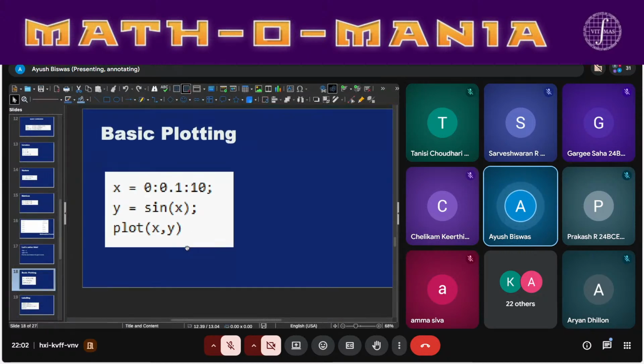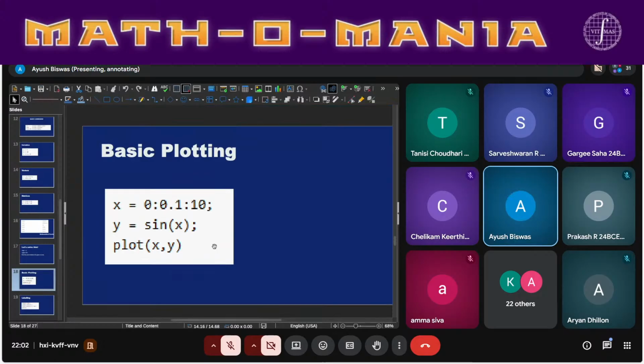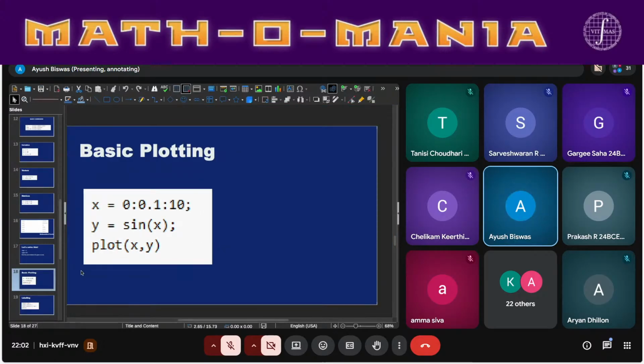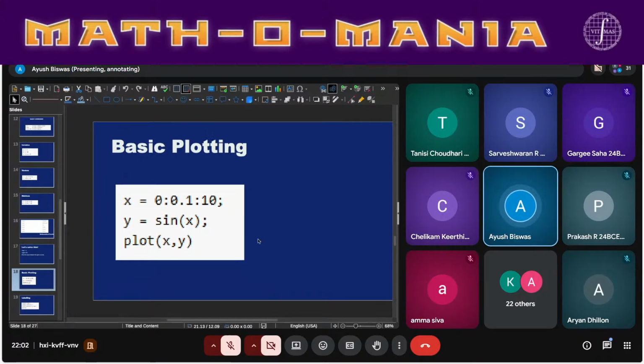Okay, to further understand how the plotting worked, in our example problem, let's look at some basic plotting.